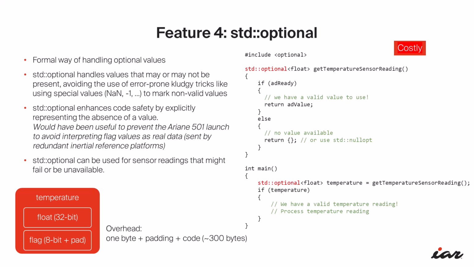std::optional is a very useful feature. It's a formal way of handling optional values. std::optional handles values that may not be present. I mean, it could be default values, non-initialized values, and it avoids error-prone kludgy tricks like you all probably have done.